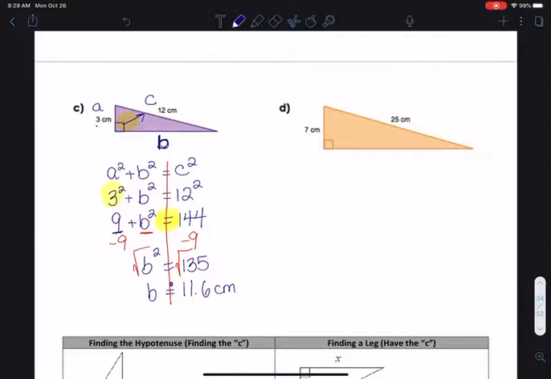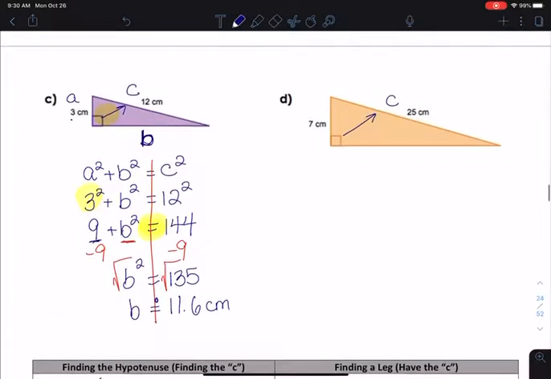So this time, across from my right angle is my C. And then I label the other two legs, doesn't matter which. I'm going to make this B and this one A just to mix things up. So again, I have A squared plus B squared is equal to C squared. I'm going to substitute.